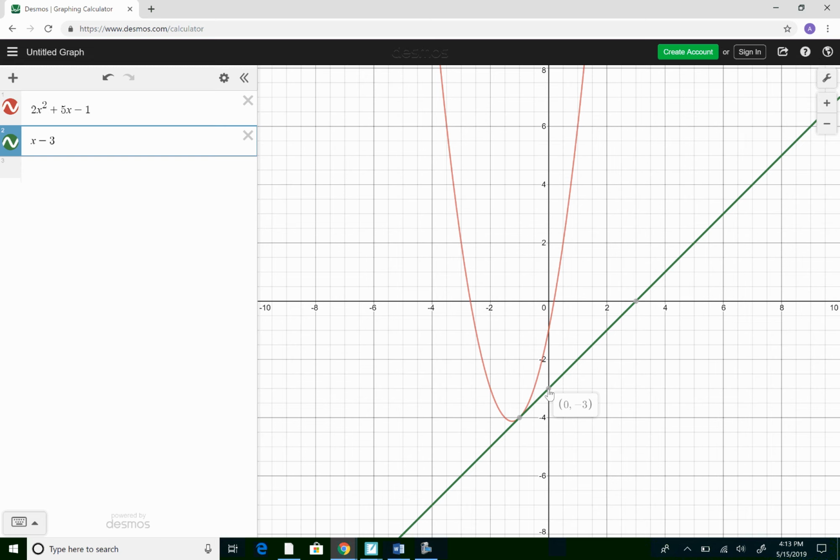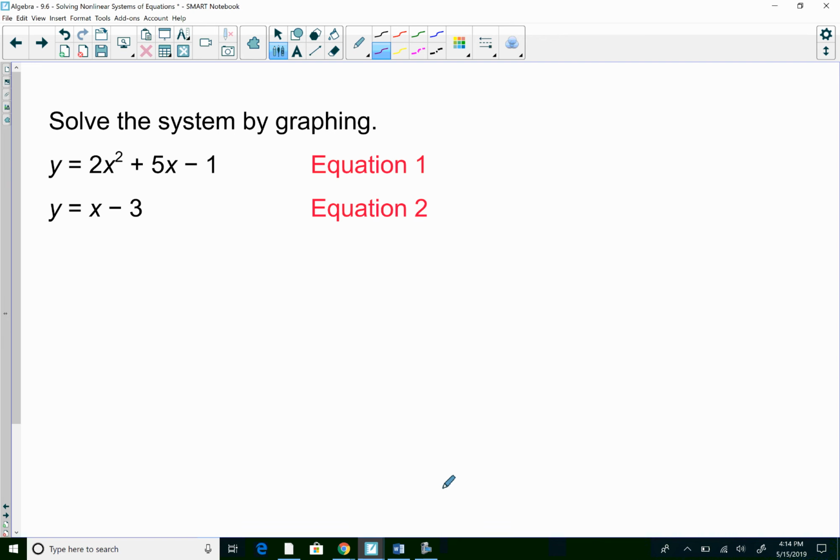Your slope is up 1 over 1. What they're basically trying to get you to see is where these two lines are intersecting. At this one, it's intersecting at the point -1, -4. So we would say that our solution for this system is -1, -4, because that's where they intersect.